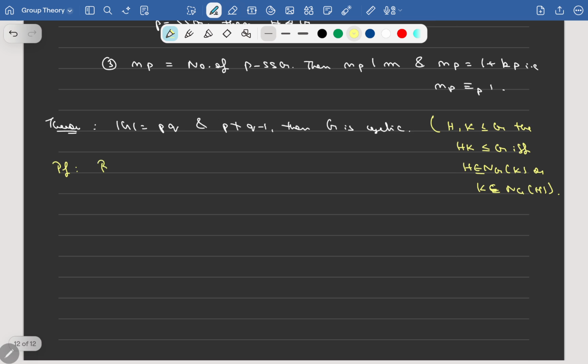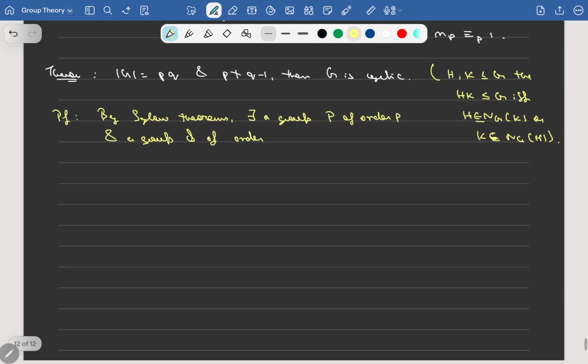By the Sylow theorems, there exists a group P of order P and a group Q of order Q. So these are the corresponding Sylow P-subgroups and Sylow Q-subgroups.